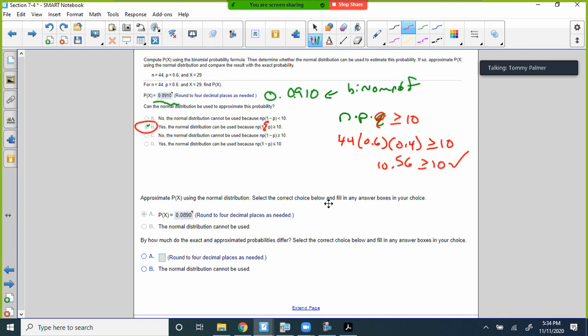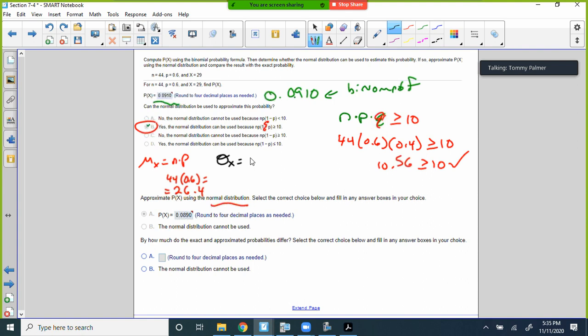All right, so down here, they're saying to approximate P of X using a normal distribution. We've got to find two things. We've got to find the mean of X, or mu of X, which is n times p. That's 44 times 0.6, which is 26.4. And then we have to find the standard deviation of X, because we need that.